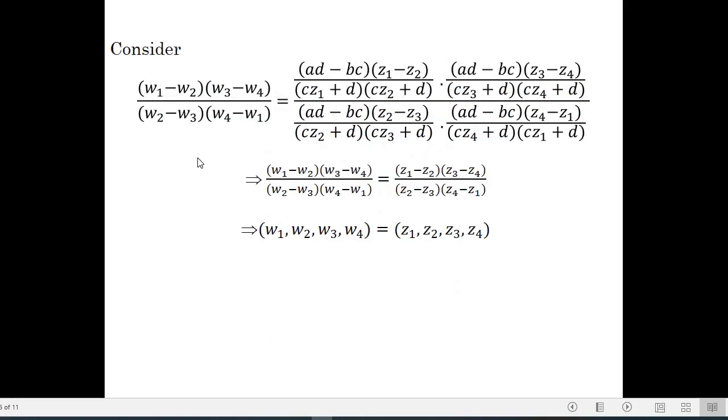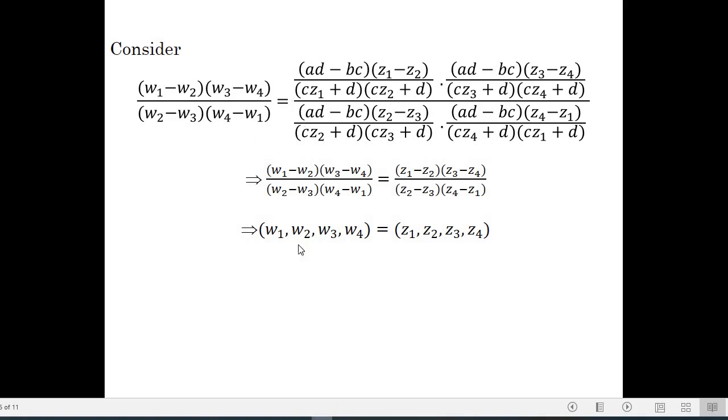Now we consider the cross ratio of 4 points in the W plane, that is W1 minus W2 into W3 minus W4 divided by W2 minus W3 into W4 minus W1.